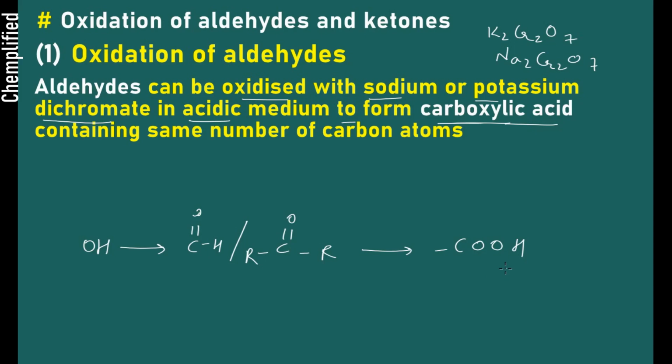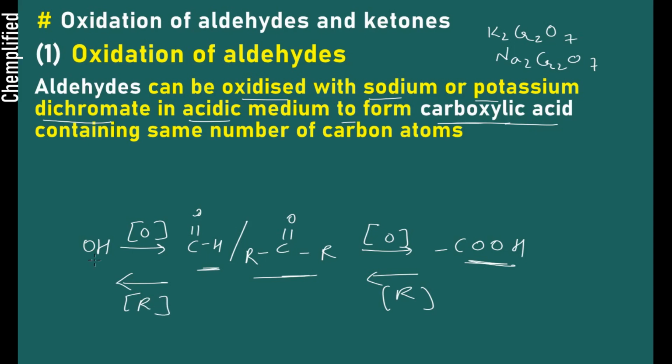And if you reduce, this is oxidation, this is oxidation. And if you reduce carboxylic acid, you will get aldehyde or ketone. And if you reduce aldehyde and ketone, you will get alcohol. We've already seen how to reduce aldehyde and ketone to alcohol. That's how this process goes, right?